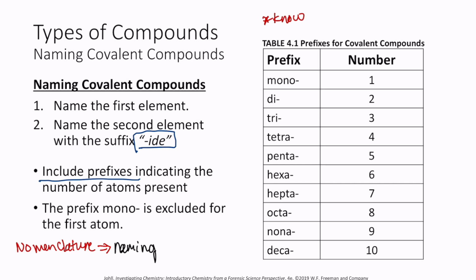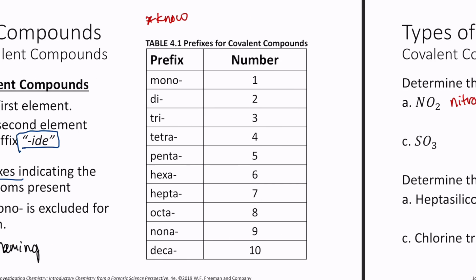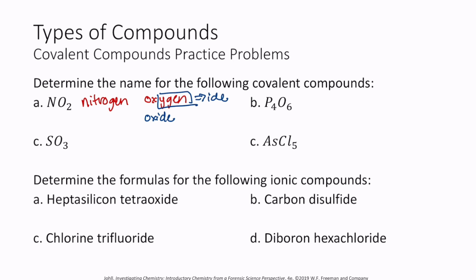I can look at the number 2 as the prefix di. So when I name this, it's going to be nitrogen dioxide. And these are two words. All right, so it is going to be nitrogen dioxide. So this means that I have one nitrogen and two oxygens.